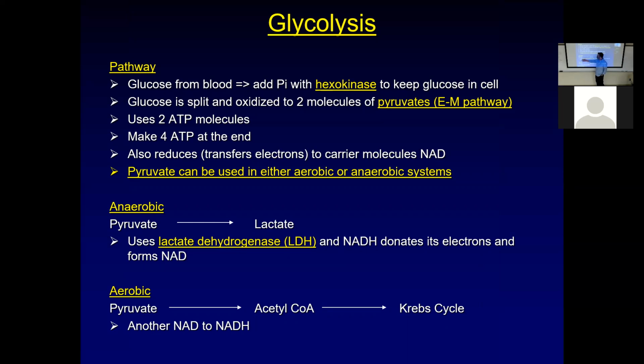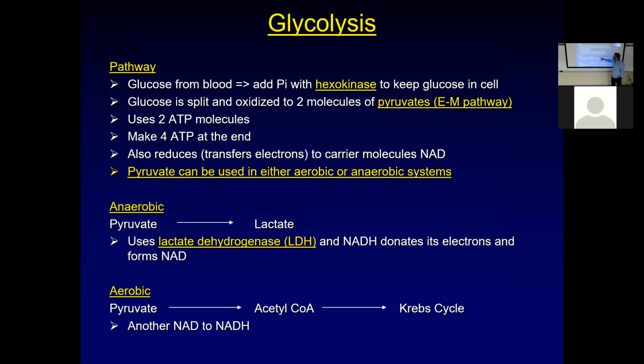People think of it anaerobically: pyruvate goes to lactate or lactic acid. They think of it aerobically: pyruvate goes to acetyl coenzyme A. So we've worked our way through the Embden-Meyerhof pathway. It's going to stay anaerobic if it goes to lactic acid, driven by an enzyme called lactate dehydrogenase.